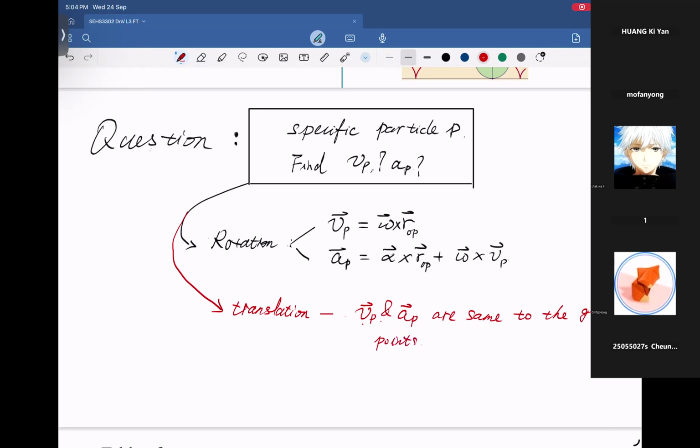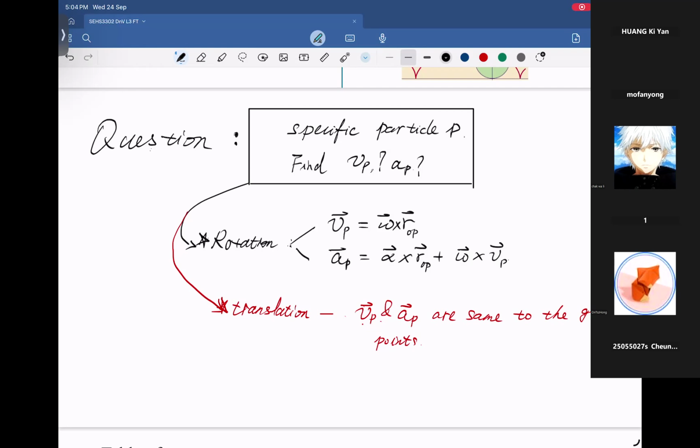Translation is the easiest one. If it is in translation, we just need to know one point and we know every point. But in rotation, different points have different motion.